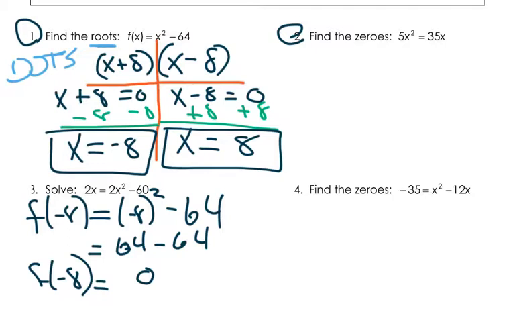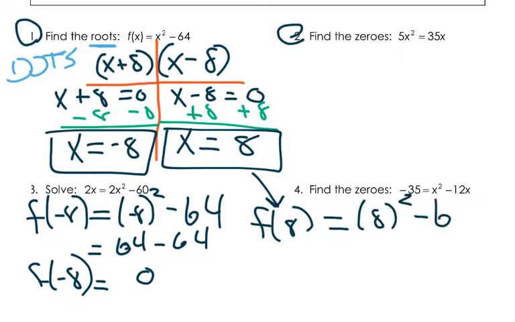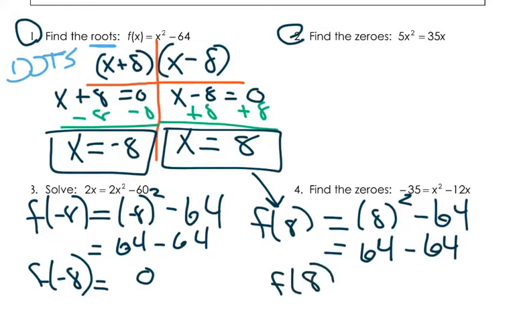I can also do the same thing here if I wanted to check. f of 8 is equal to 8 squared minus 64. 8 squared is 64, so 64 minus 64, and again, f of 8 would be equal to 0.